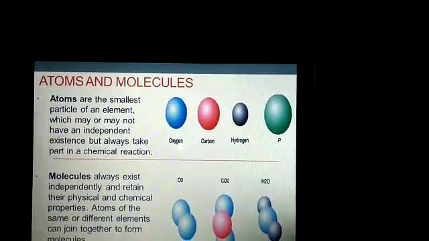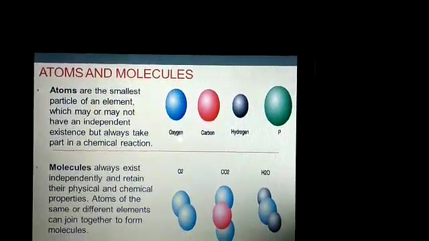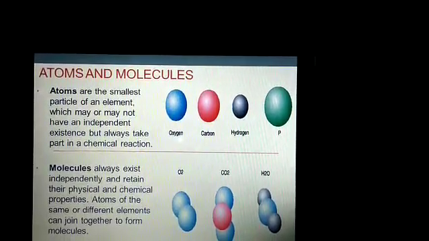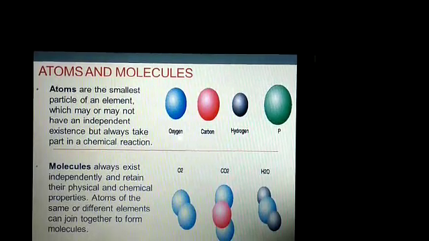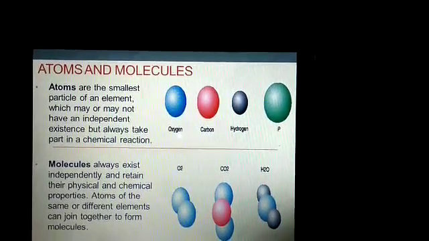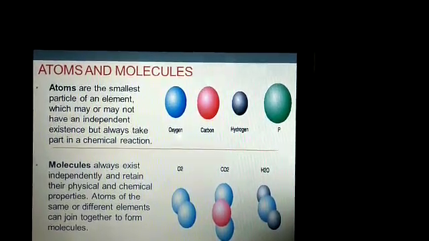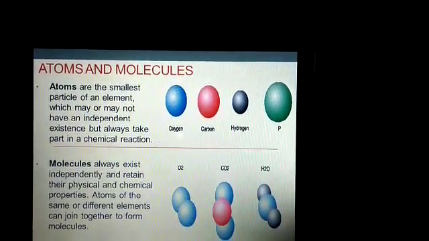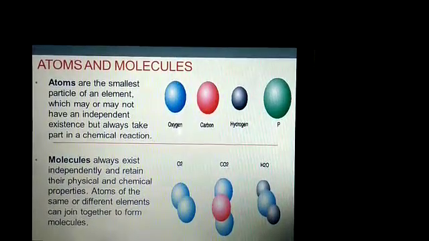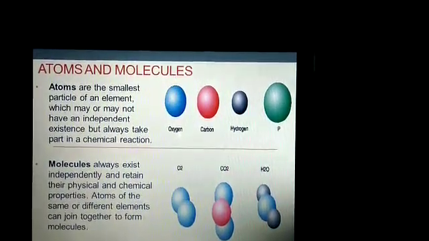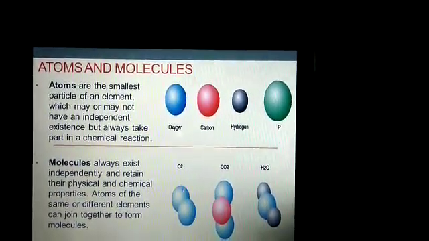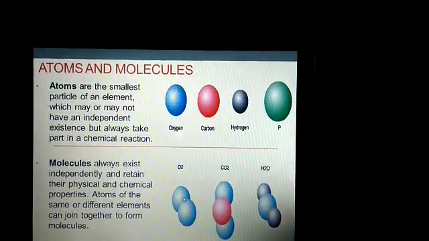The next is molecules. Molecules always exist independently and retain their physical and chemical properties. Atoms of the same or different elements can join together to form molecules. You can see in the picture, the first one, oxygen molecule made up of two atoms.